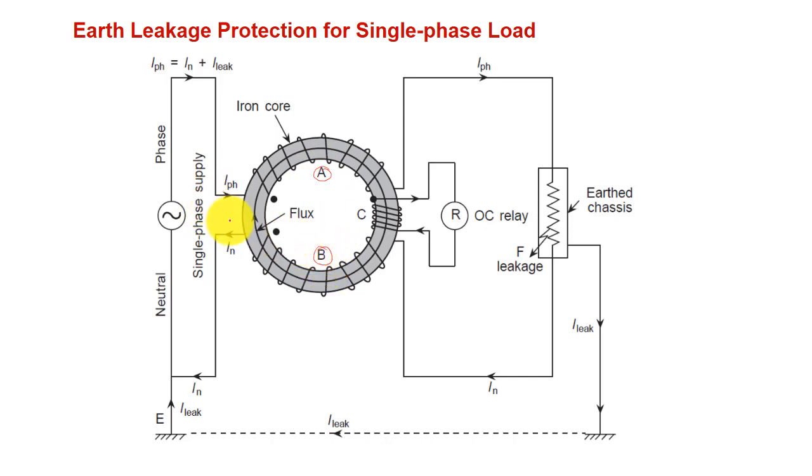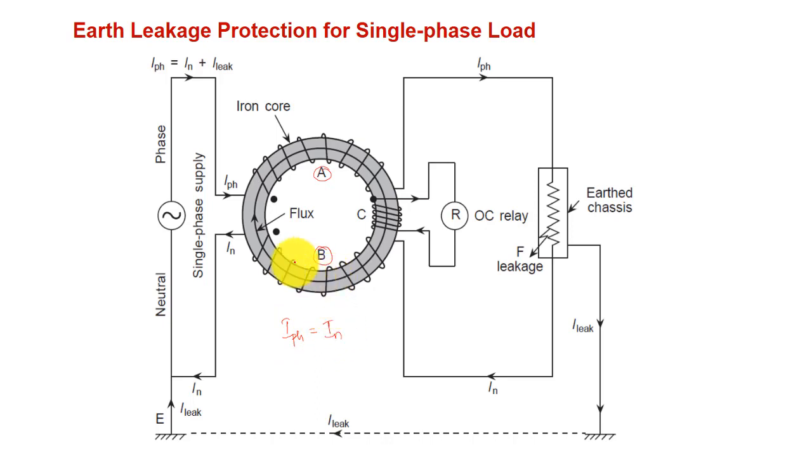Because we know in single phase we have a phase wire and a neutral wire. The current passes through the phase wire and returns via the neutral wire to the source. Now if there is no leakage, when these currents are the same, IPH will be equal to IN.